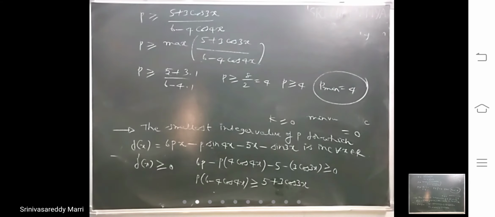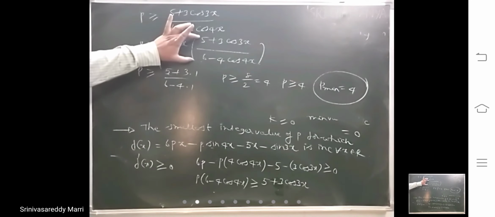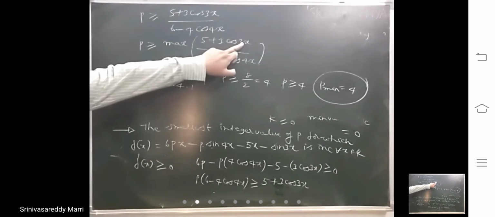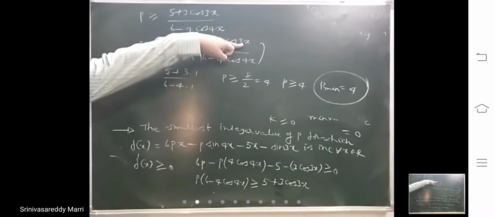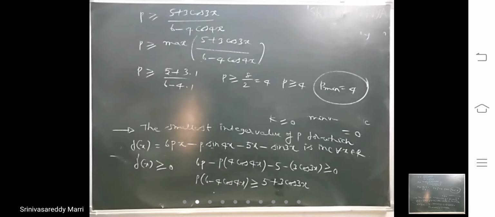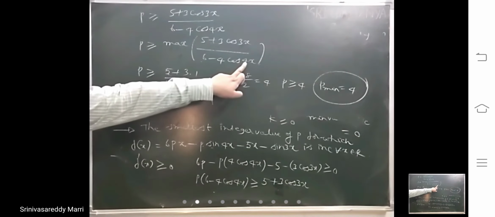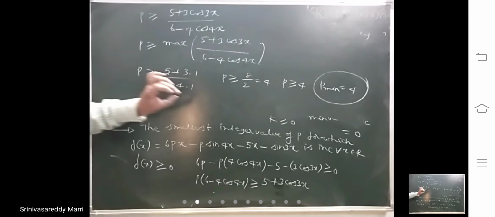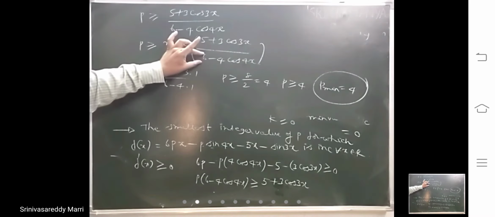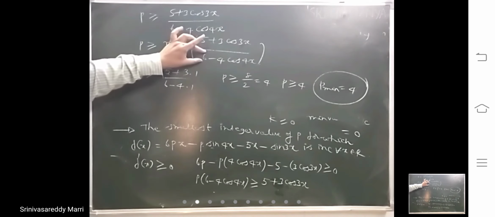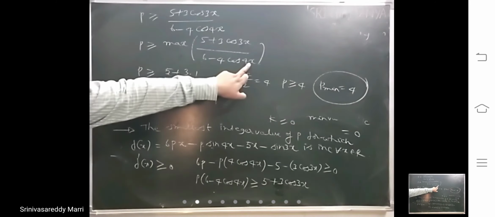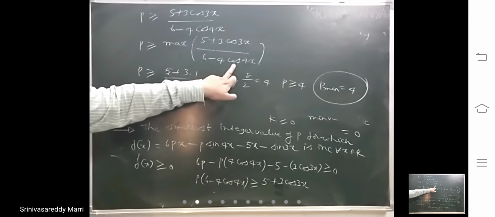Look at the maximum value of this. Here maximum value 1 is taken, and here also I have substituted the maximum value. Why? Because there is a denominator. If the fraction has to be maximum, the denominator must be minimum. If you substitute minus 1 here, it will become 6 plus 4, which is 10.